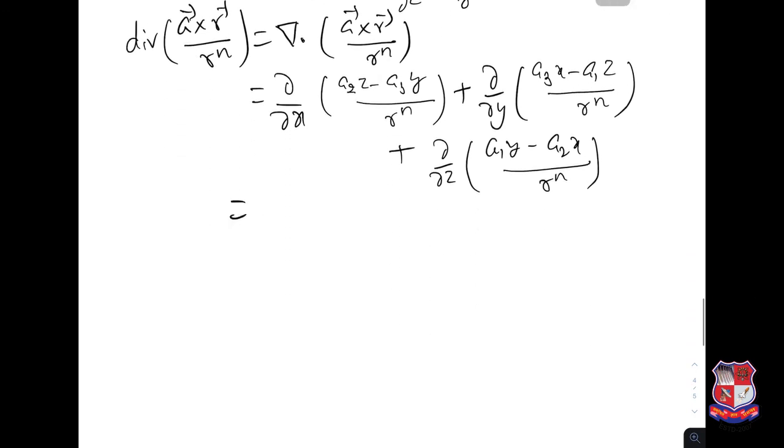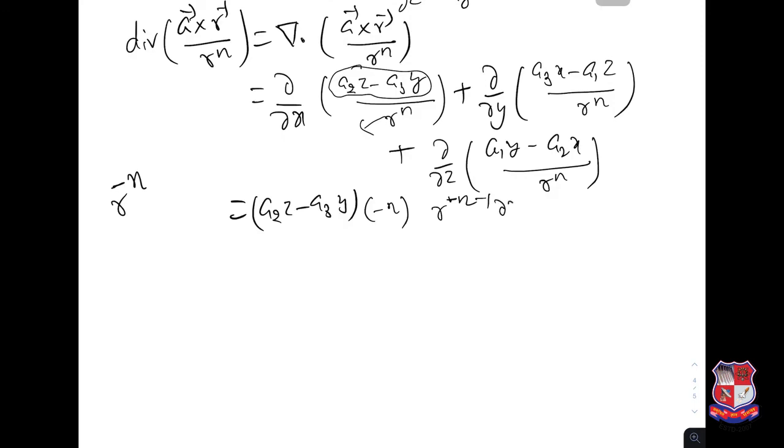Now we want to take the partial derivative with respect to x, but here there is no x, so that is constant, but there is x in R power n. So we need to take the derivative of R power minus n with respect to R, and then R with respect to x. So let us do this. A2z minus A3y is constant, and R power minus n has derivative minus n R power minus n minus 1 into del R by del x.